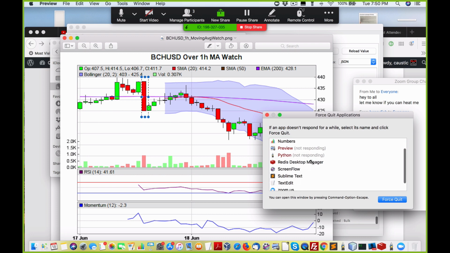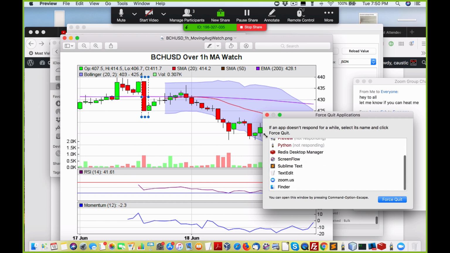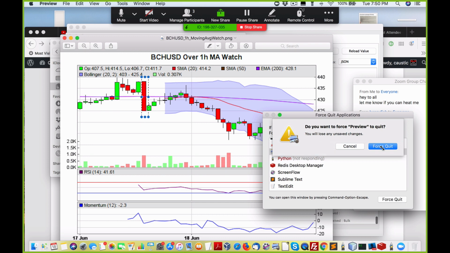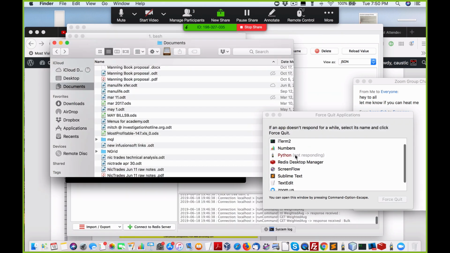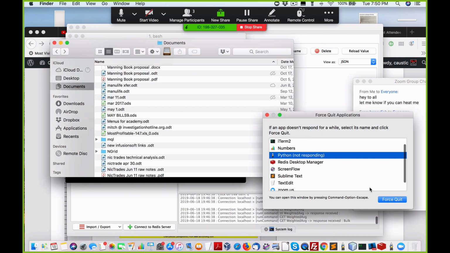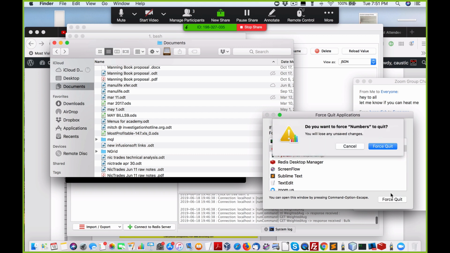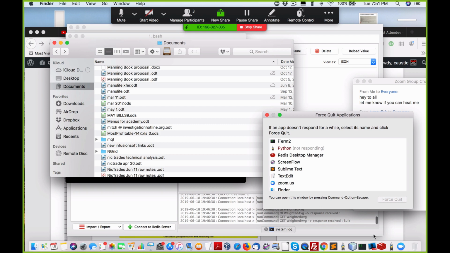Okay, let's see what I can kill out of this lot. Oh, looks like I'm down to the bare bones here. Kill that. And I'll kill Python itself. Or maybe that. Okay.